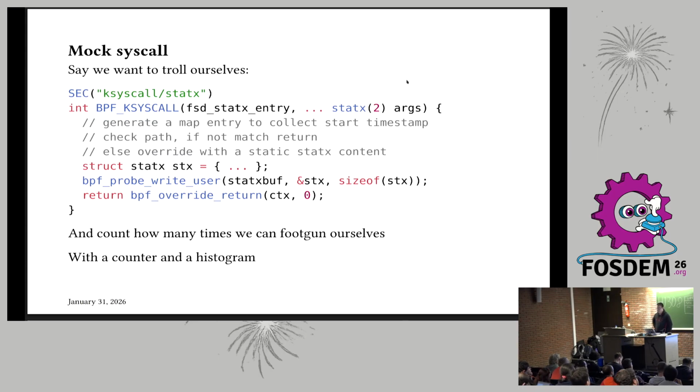So in here, I'm using the bad way of string comparison, as the last talk specified, and then replacing the entirety of the statx call with a static 0, like almost every field is set to 0, and then you call the override return function, which requires a special allow error injection flag, and BPF allow kprobe allow return or something, but you need 2 flags for it to work.